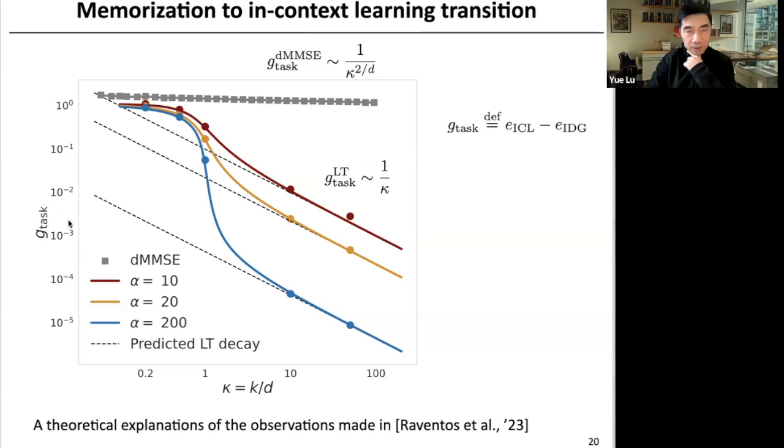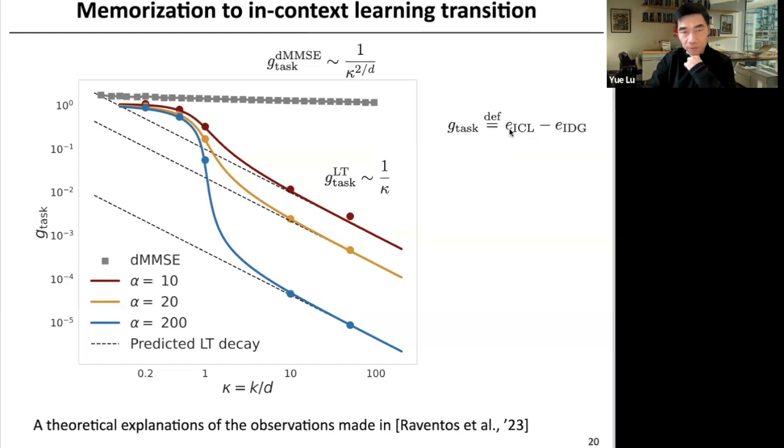The vertical axis shows the difference between the ICL task and the IDG task. It can be treated as a surrogate measure of how much generalization we are having. If there is still a very large gap between ICL and IDG, that means you are not really generalizing to the true prior; you are only memorizing the finite number of task vectors.